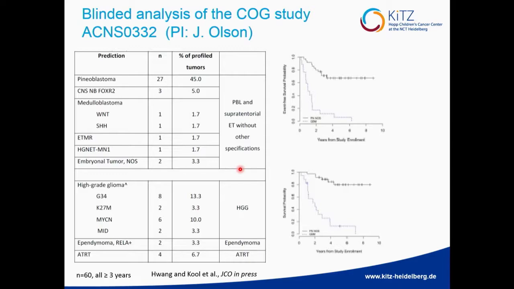And what it turns out is that the majority of patients who were included on this trial actually had a glioblastoma, and not a CNS-PNET, molecularly.